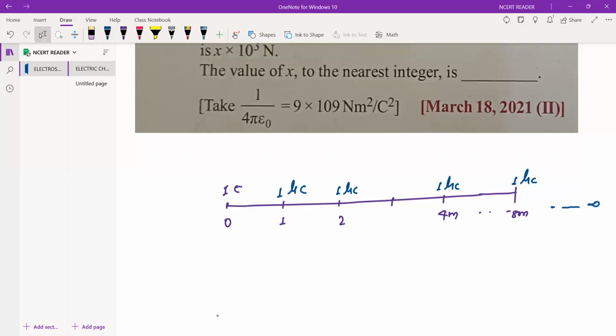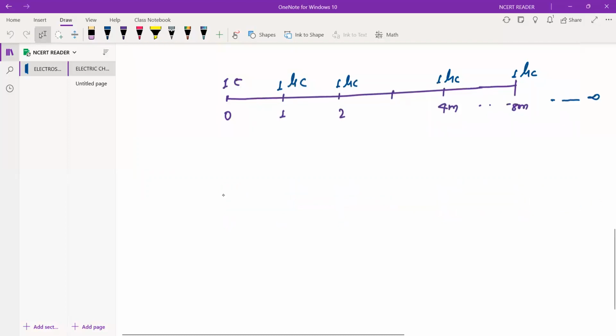If you find the total force acting on the charge kept at the origin, what net force will act due to all these charges? For that you can apply the superposition theorem. We know that it is the vector sum of all the forces because force is a vector quantity, so the net force will be the vector sum.